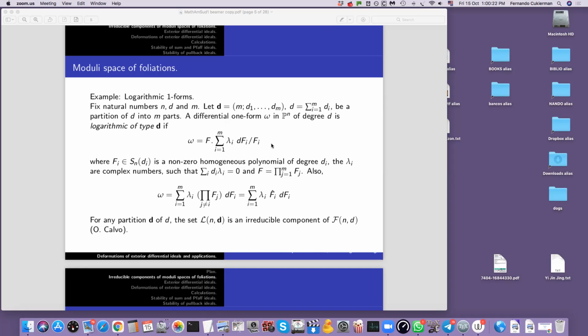A differential one form in Pn of degree d is said to be logarithmic of type d if it can be written like this. So this part here is a logarithmic form. It is dfi divided by fi multiplied by some complex number. This complex number is the residue of omega along the hypersurface fi. And then we multiply everything by f. F is the product of the fi's.